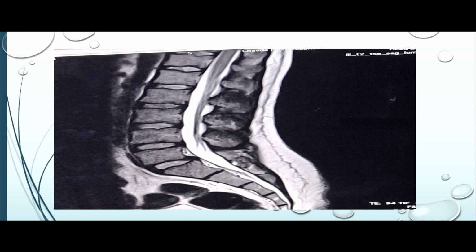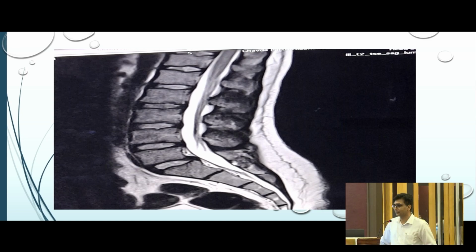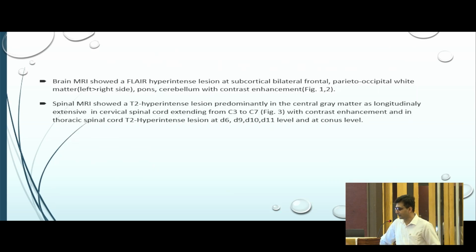So based on these findings and clinical features, which is the most likely diagnosis? Yes. So the patient has acute disseminated encephalomyelitis, brain plus spinal cord.